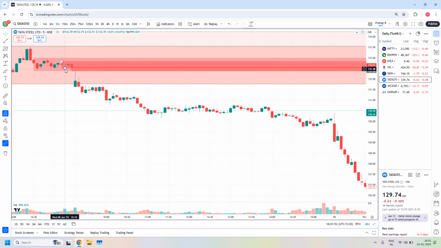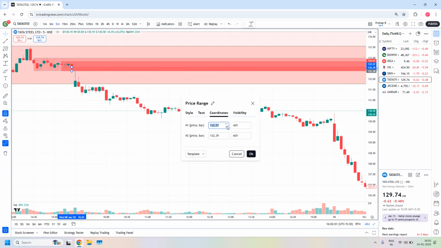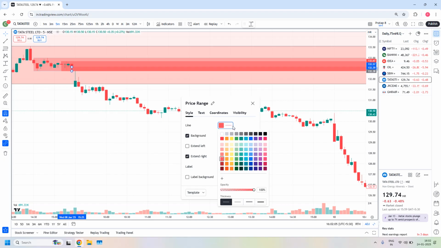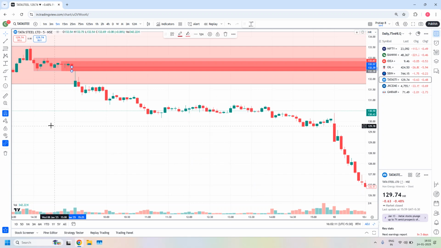Type 2 proximal. Now let me draw type 1. See, now our 1 minute zone is exactly inside. Let me increase the thickness of this 1 minute zone color. So this is the 1 minute zone.